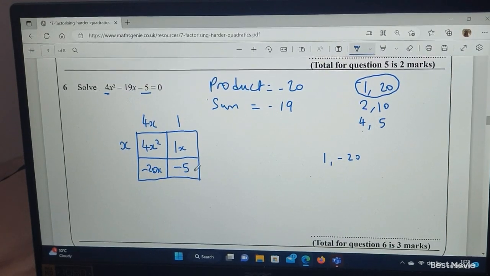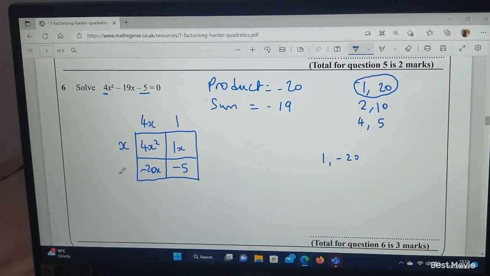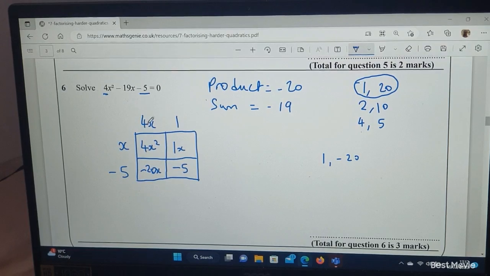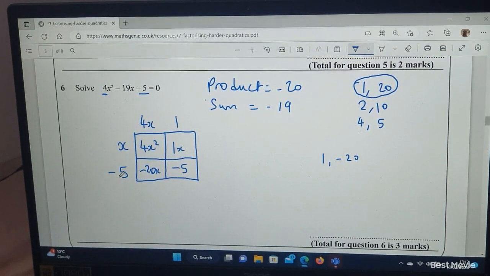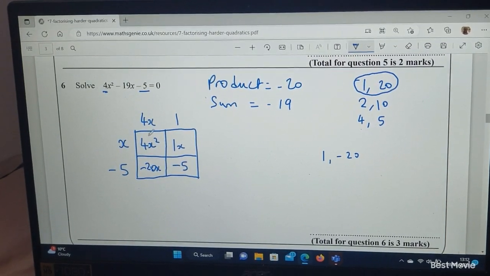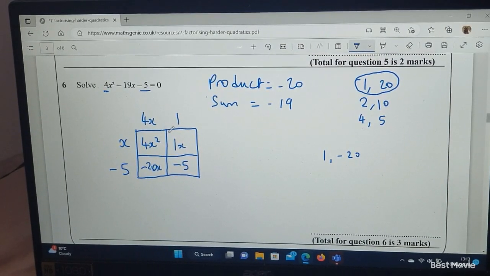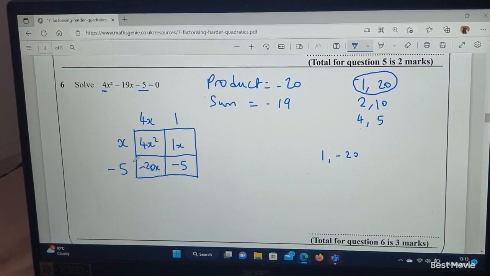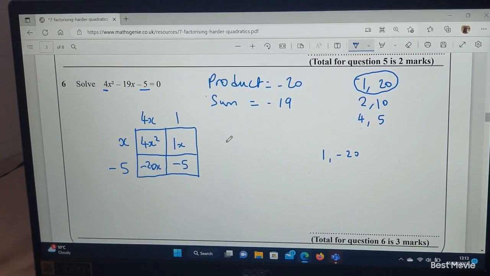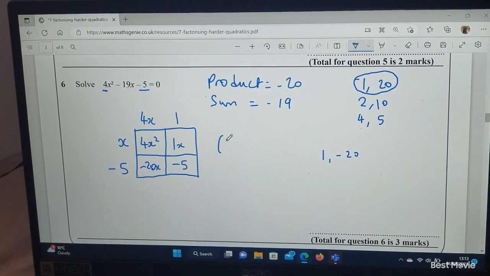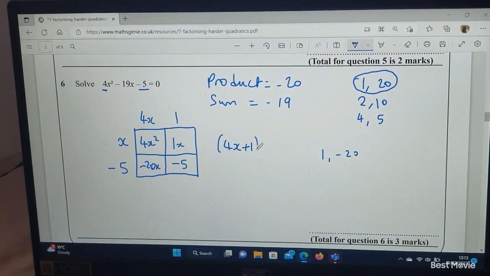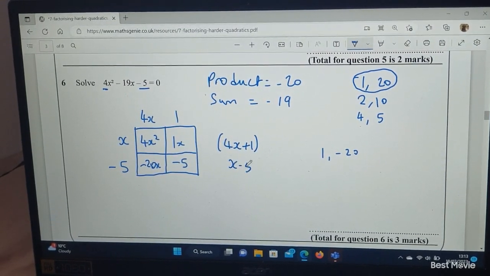And the highest common factor of minus 20x and minus 5 is minus 5. So just check this makes sense. 4x times minus 5 is minus 20x. 4x times x is 4x squared. 1 times x is 1x. And 1 times minus 5 is minus 5. So in the brackets, I've got 4x plus 1 and x take away 5.